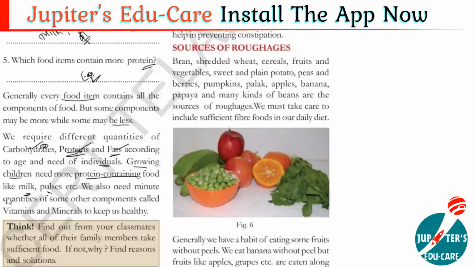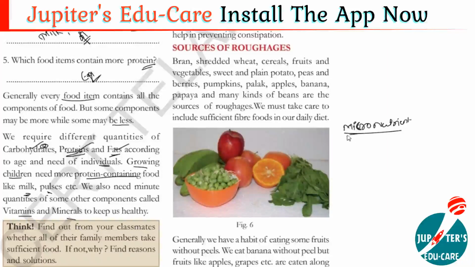We also need minute quantities of some other components called vitamins and minerals. When we compare these, carbohydrates and proteins are required in large quantity, but vitamins and minerals are required in small quantity. So we say they are micronutrients, because they are required in a small quantity.